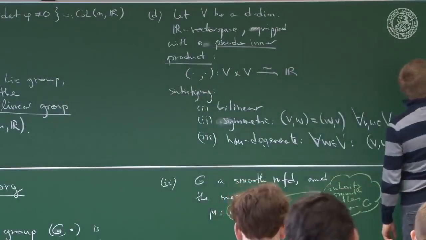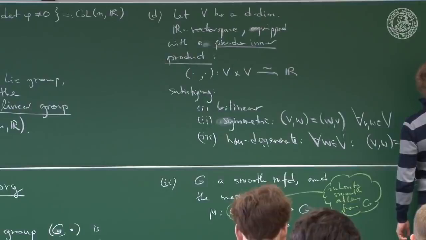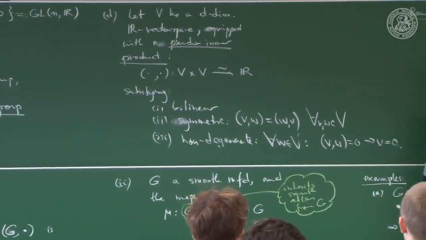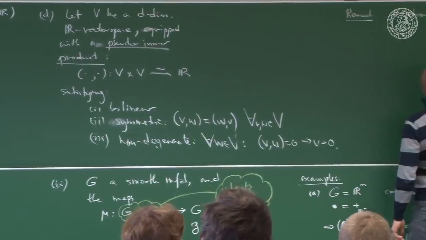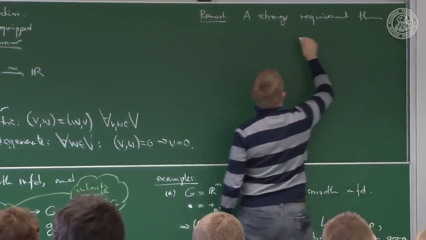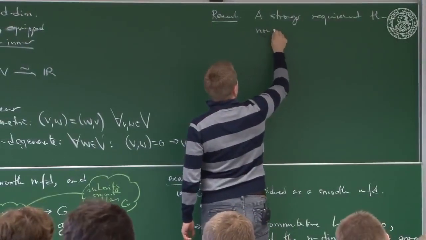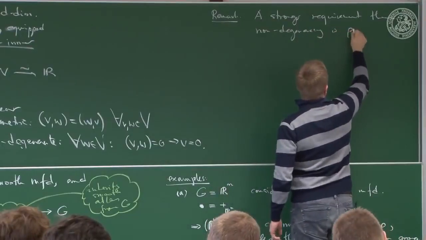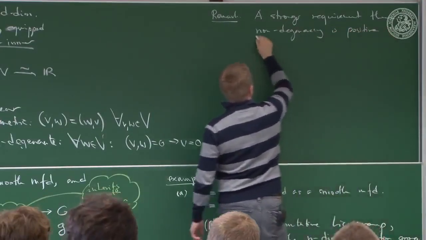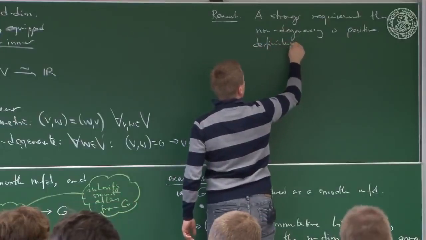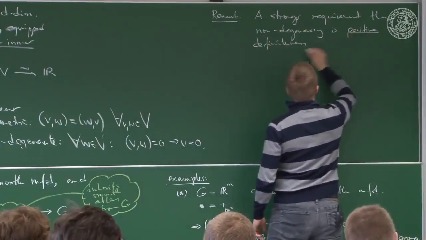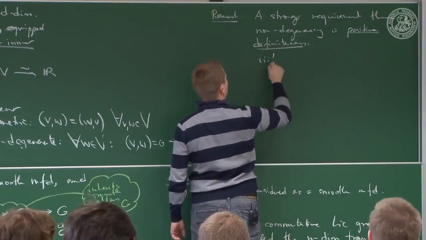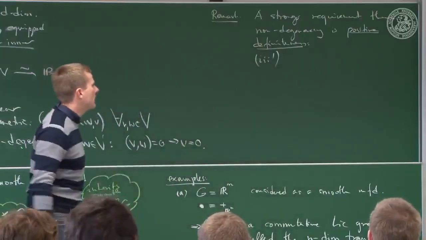So let me give this as a remark. A stronger requirement than non-degeneracy is positive definiteness. And positive definiteness would replace 3, would make it stronger. Let's call it 3 prime.